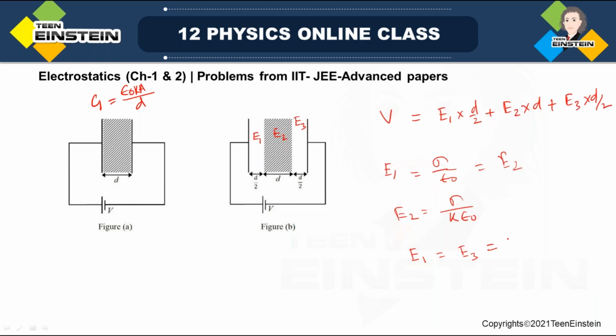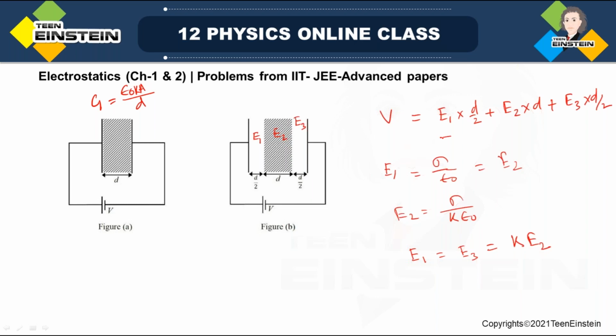This will be k times E2. So what can we write here, the total V, how much can we write? If we just consider this discussion, E1 is equal to E3 is equal to k E2.